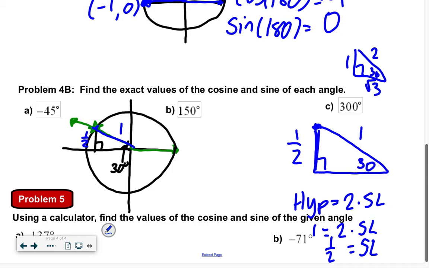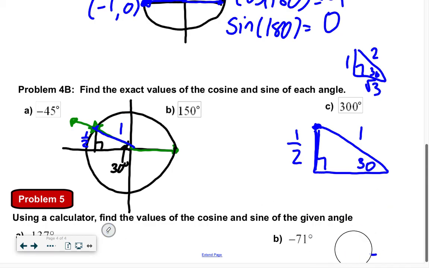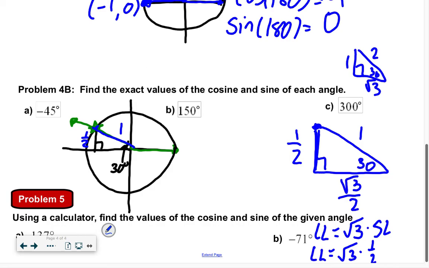Now I have to figure out my other leg. My longer leg is the square root of 3 times my shorter leg. Do I know my shorter leg? Yeah, how long is it? 1/2. So my longer leg is square root of 3 over 2. Does that make sense? On my unit circle, is this a positive or negative?